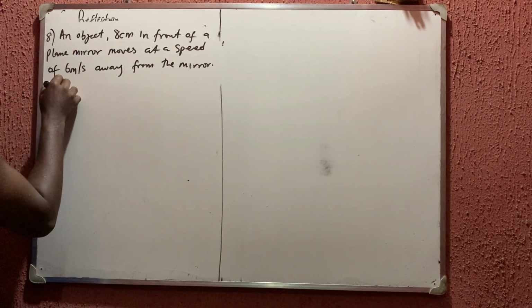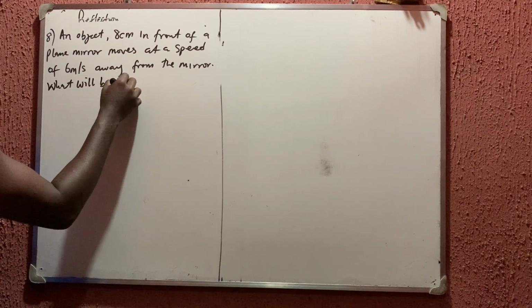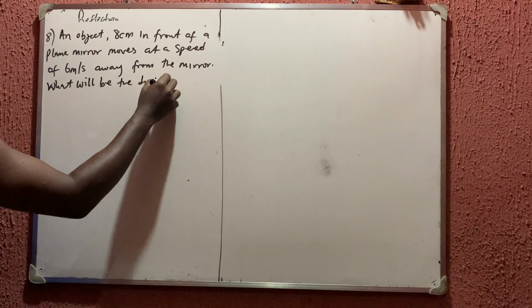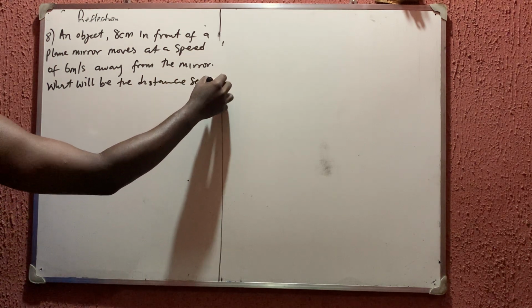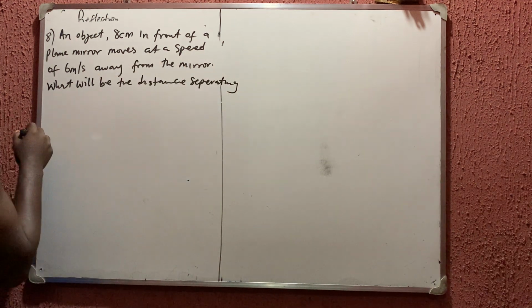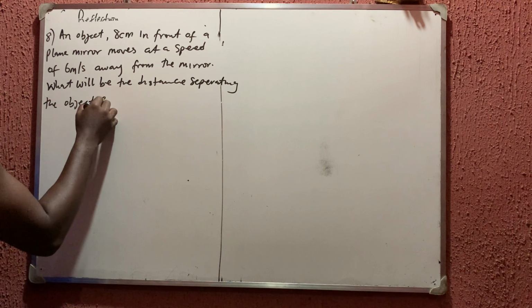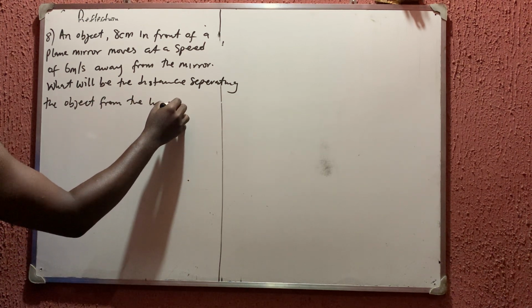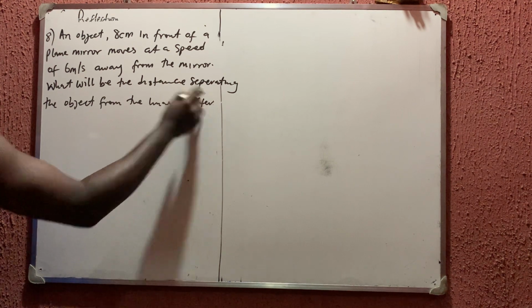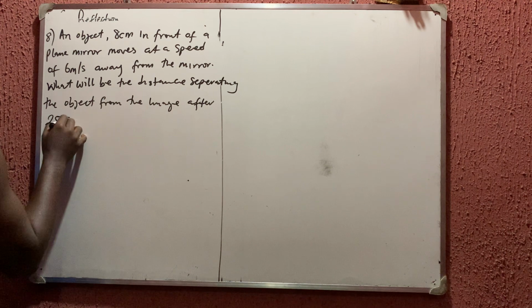What will be the distance separating the object from the image after 25 seconds?